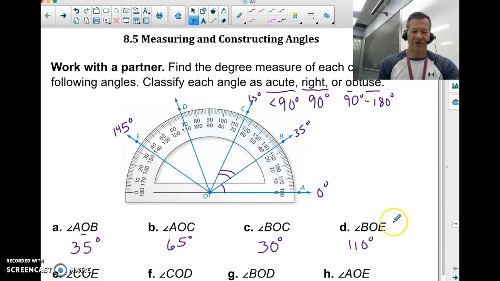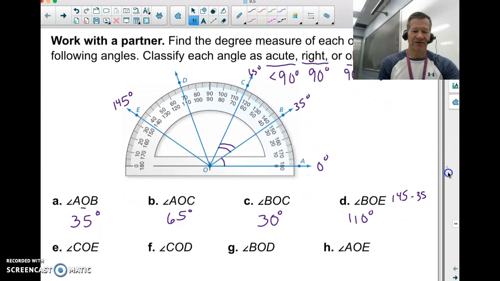All I'm doing there is taking 145 and subtracting 35 from it. Let me scroll down just a touch here. COE. C points at 65, O is the vertex, E points at 145. So how big of an opening is that? Well, 145 minus 65 gives us 80 degrees.